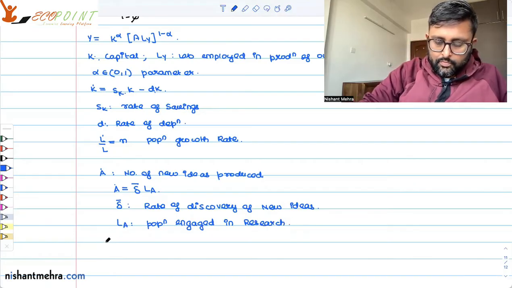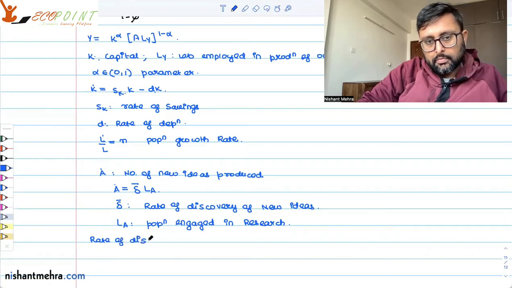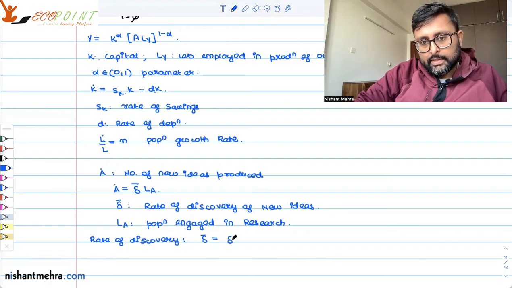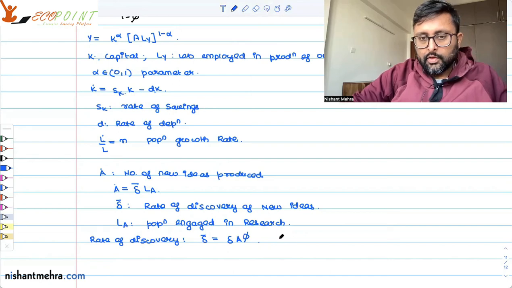The rate of discovery of new ideas, which is delta bar, is delta A to the power phi, where delta and phi are constants.